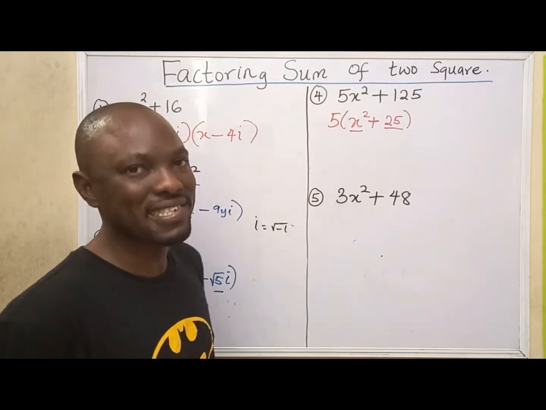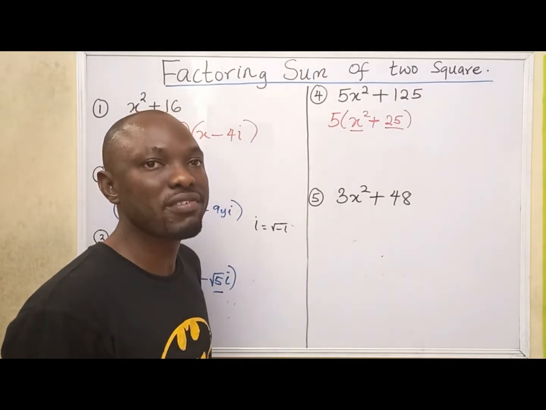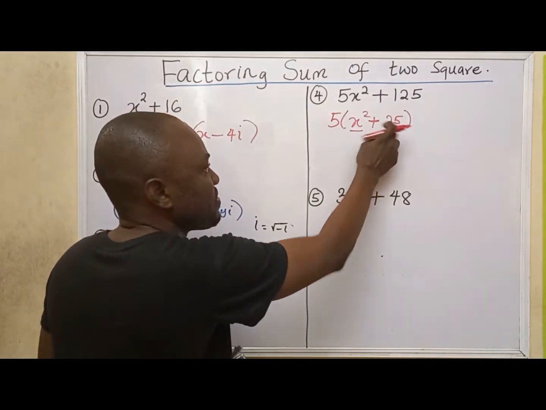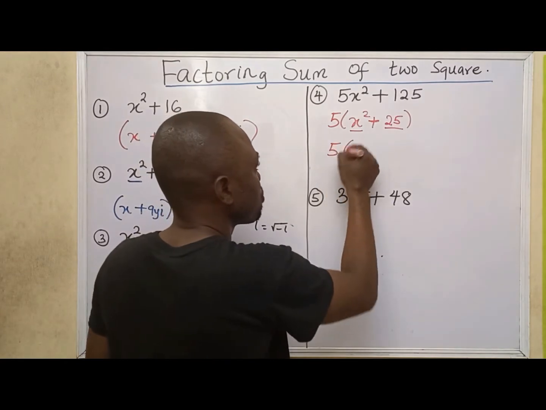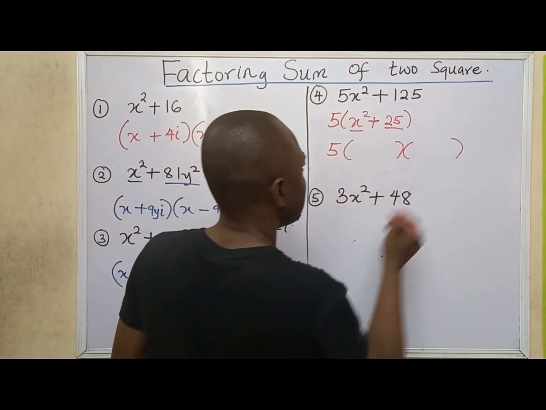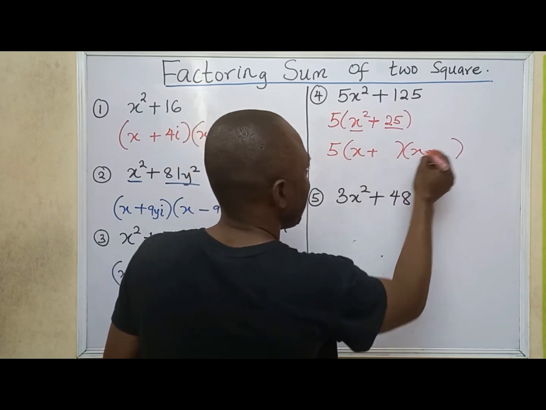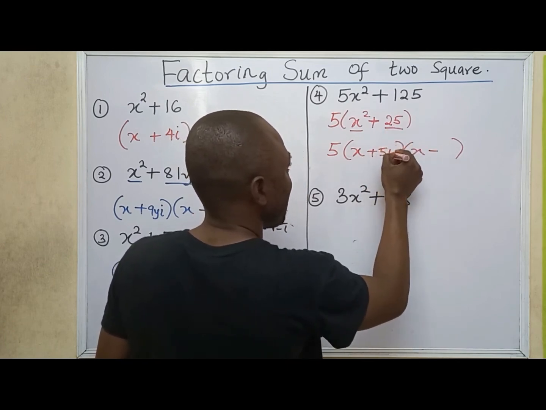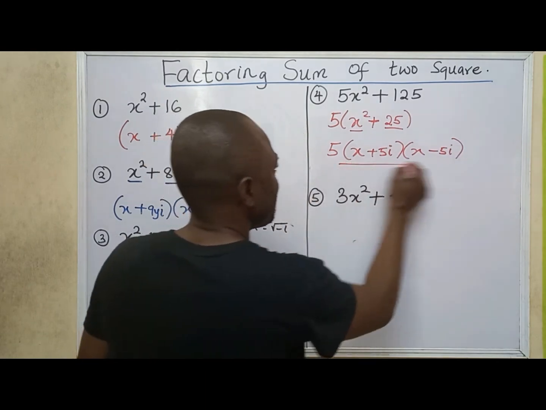But like I rightly said, for the sum of two squares, you always express this in terms of an imaginary number. So I'm going to open up two parentheses. Now I have x here, x on the other side, plus, minus. So here will be 5i, here will be 5i. That's my answer. Pretty simple.